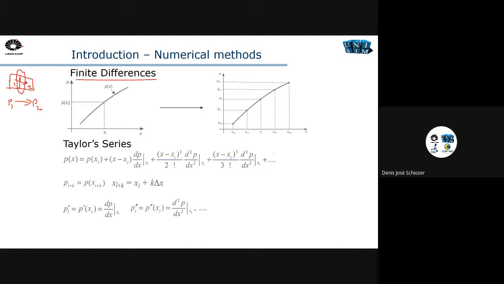So we are going to represent, for example, the pressure of the blocks by approximating the pressure by a linear equation, where the pressure in the neighbor P2 is a function of P1 and a function of the distance between P2 and P1, for example, delta x 1,2, and the difference in pressure between the two blocks, okay?